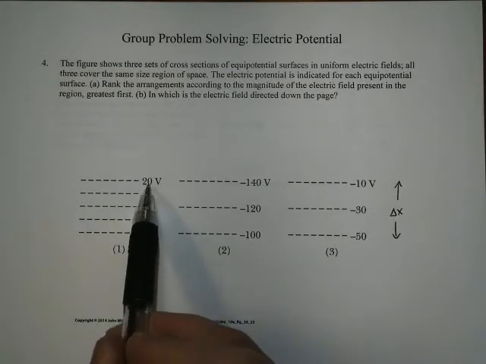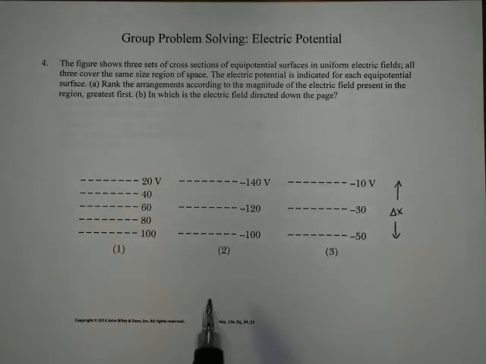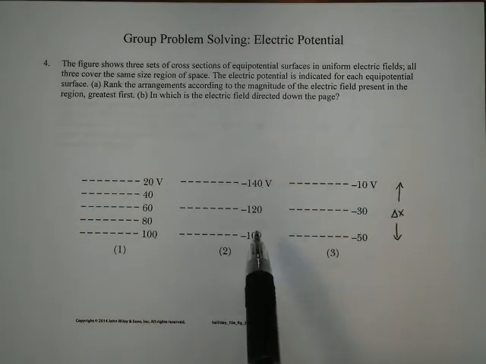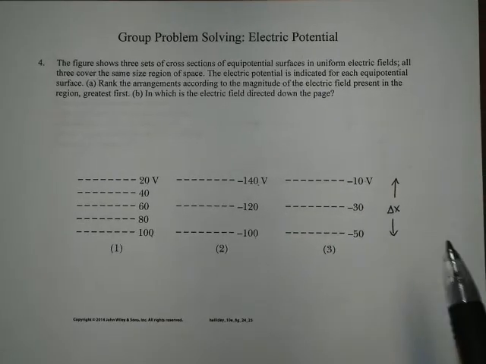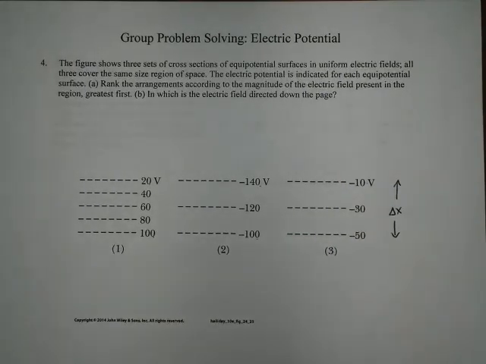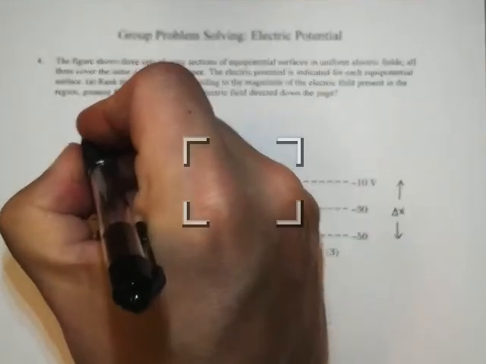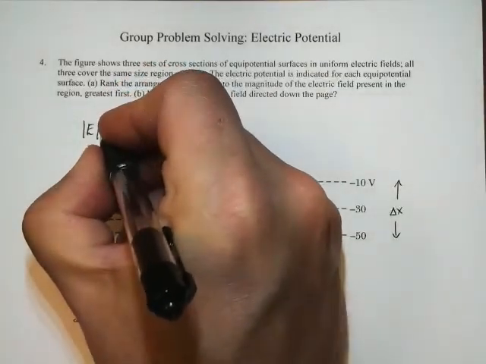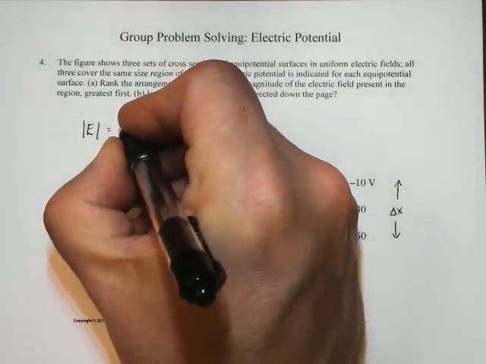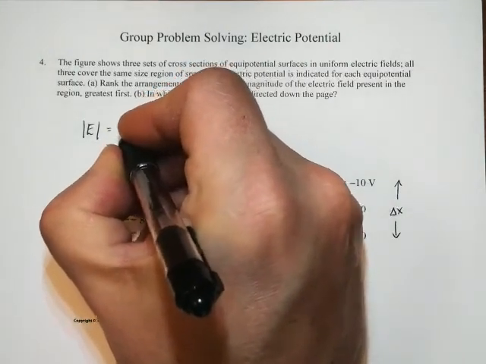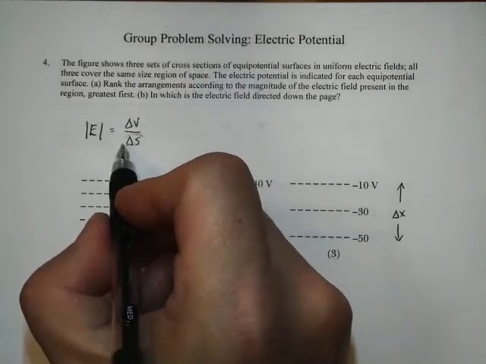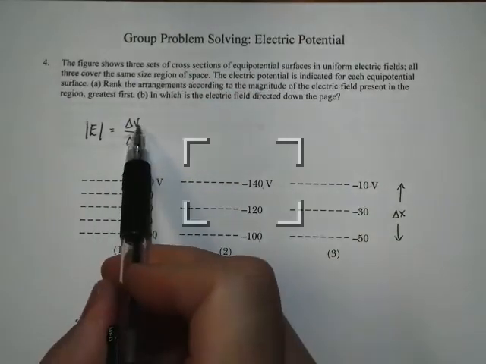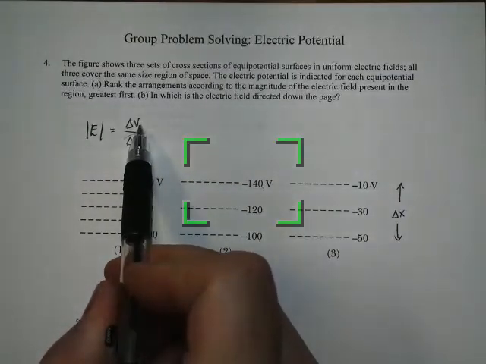So notice this one ranges from 20 volts to 100 volts. This one ranges from negative 140 volts to negative 100 volts, and this one's negative 10 volts to negative 50 volts. Well, magnitude of the electric field would rank according to the magnitude of the potential difference over the distance, but we're told that the distance is the same in all of these. So really we're just looking at the potential difference top to bottom.